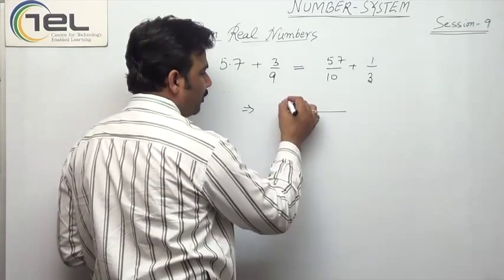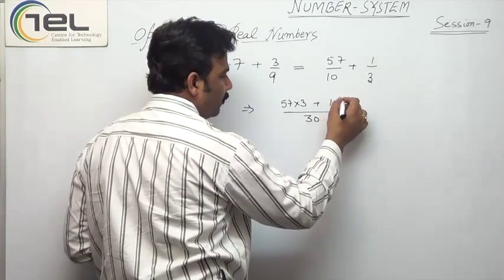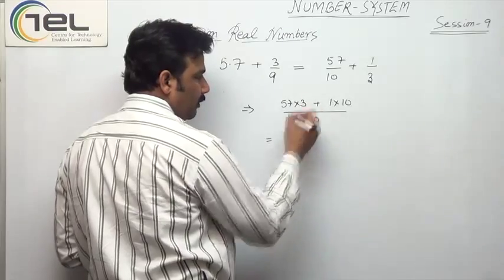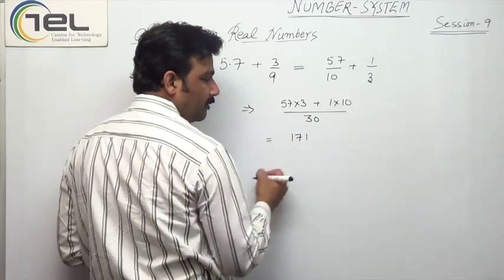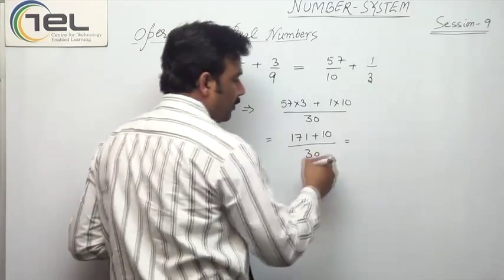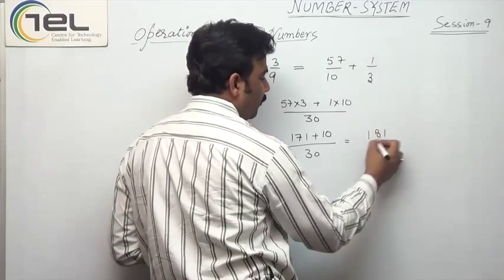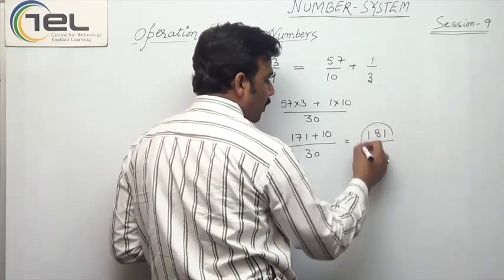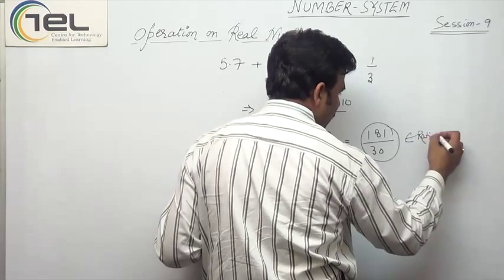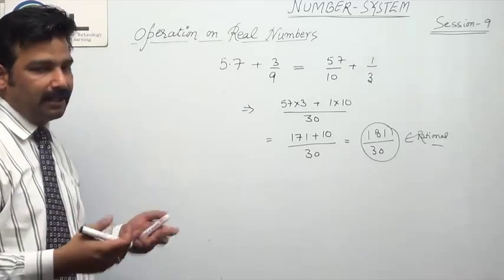So, I have 57 times 3 plus 10 over 30, which results in 181 over 30. Again this number is a rational number. The addition of two rational numbers is a rational number.